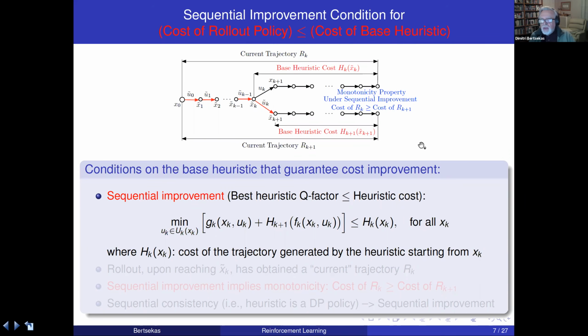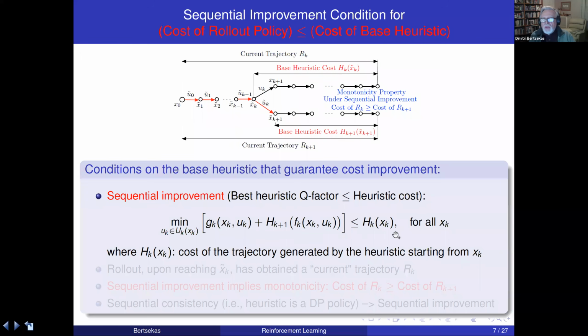There are some conditions, however, that guarantee cost improvement. And one of them that we talked about last time is sequential improvement, which basically says that the best heuristic Q factor from the current state is less costly than the heuristic from that state.